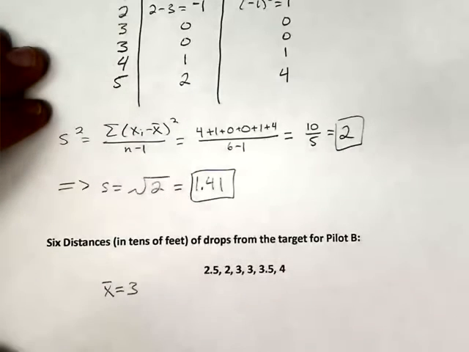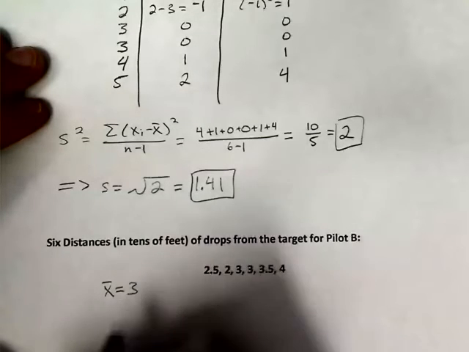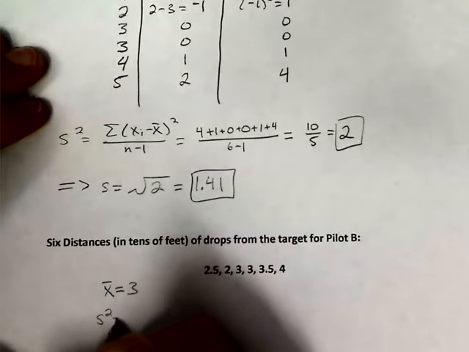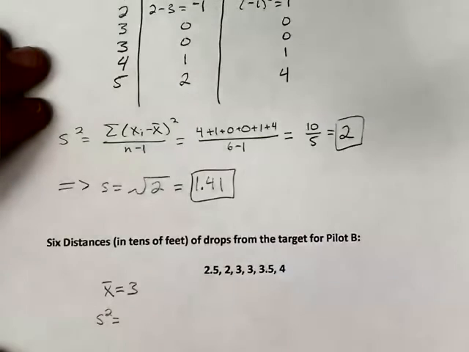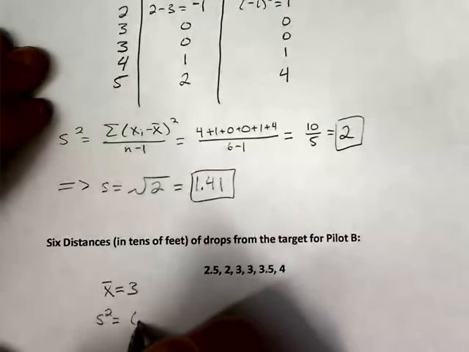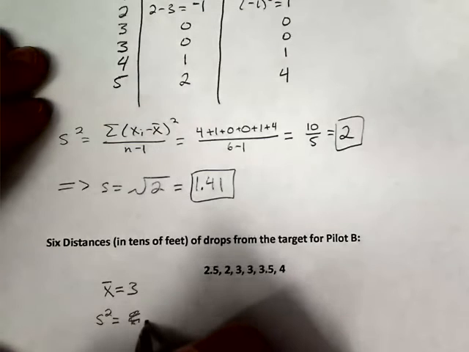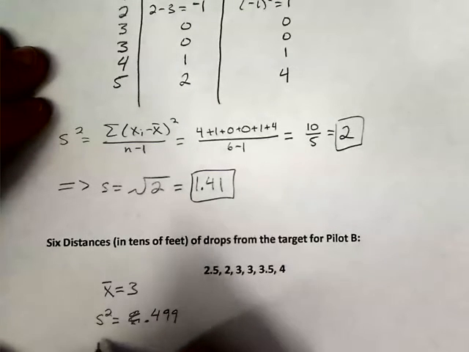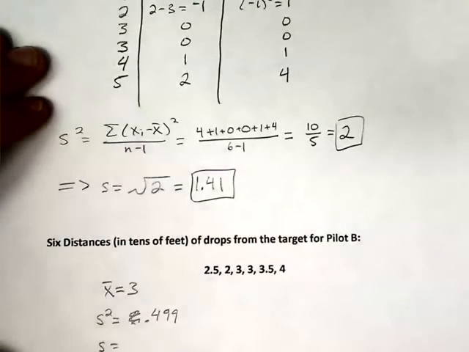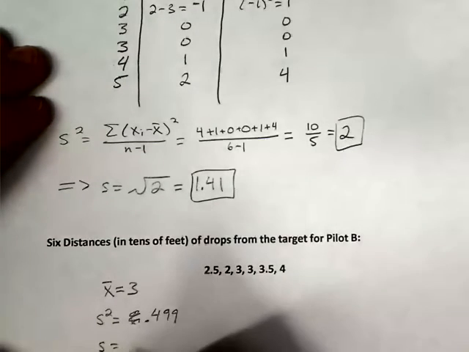It tells us how close these drops are to each other, the concentration of the drops around the target. And so, I'm not going to go through the computation here, but s squared for this data set turns out to be 0.499, and s turns out to be 0.707.